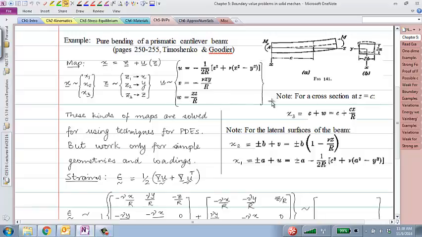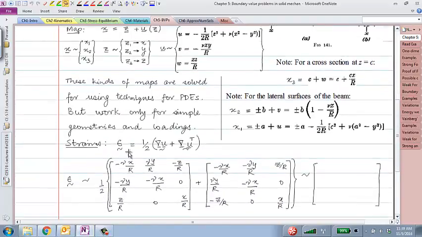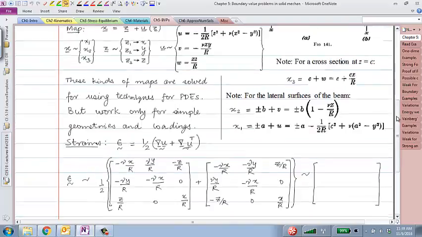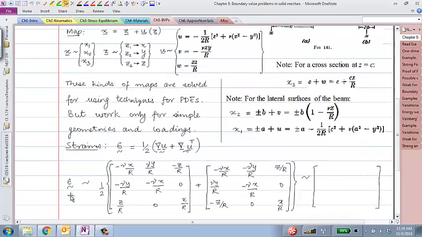From there, you can find out F and C and so on. But if you use the small deformation assumption, you can essentially check whether this solution satisfies the governing differential equations or not.